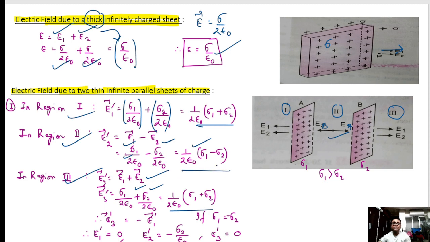Now if I compare, if E3 is equal to minus E1, if E3 dash is equal to minus E1 dash, then sigma 1 equals minus sigma 2. That means if you have charged the first sheet positive, you have to charge the second sheet negative. If this is charged positive, this sheet should be charged negative.